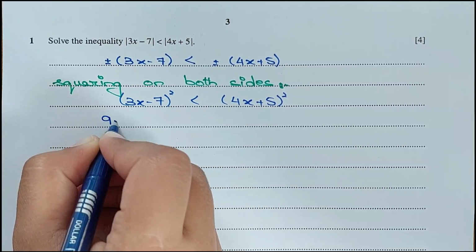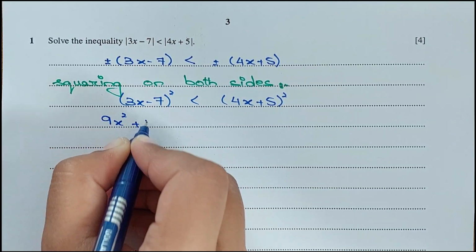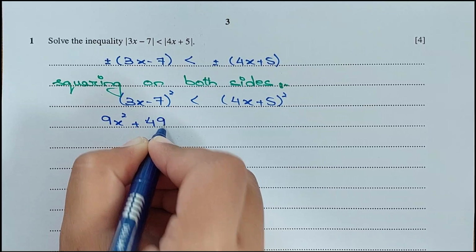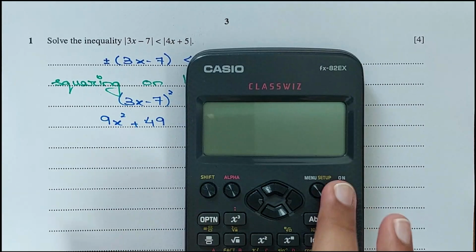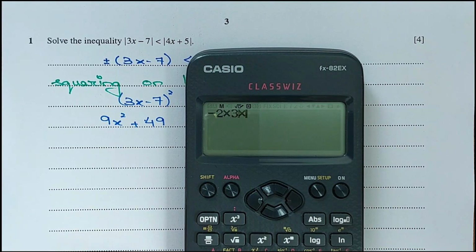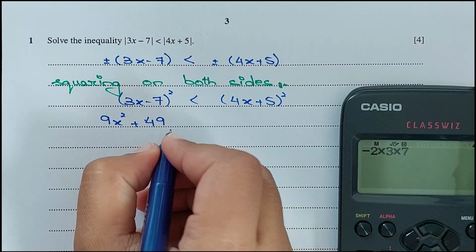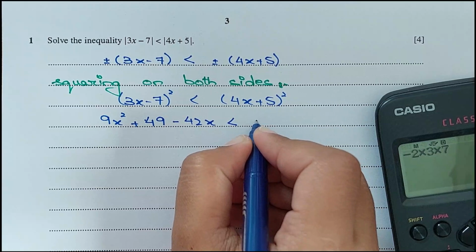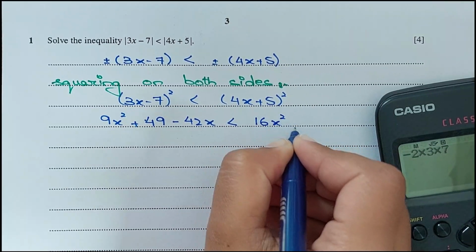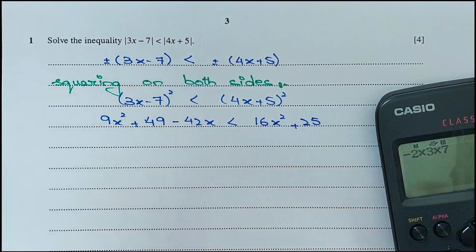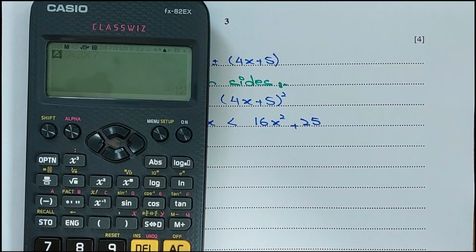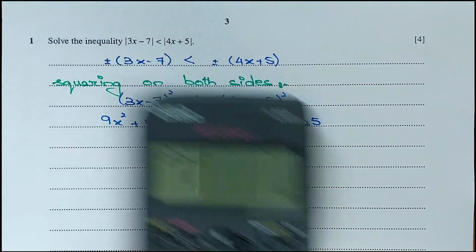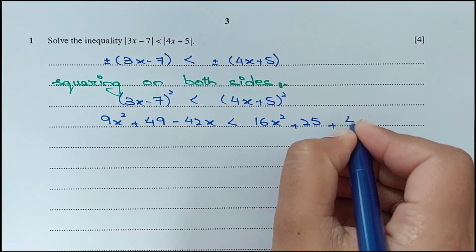We have 9x² plus 7² is 49, minus 2ab, so minus 2 times 3 times 7, minus 42x. This is less than 4² is 16x² plus 25, and we have 2 times 4 times 5, plus 40x.